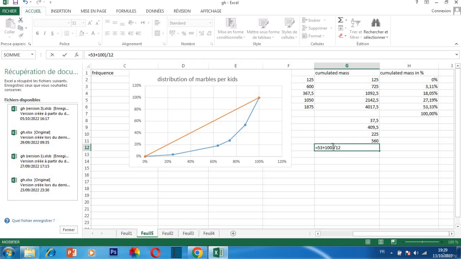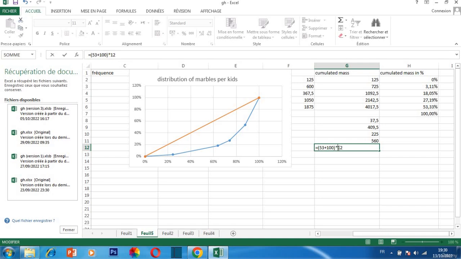We should check here 12.75. No, multiply.